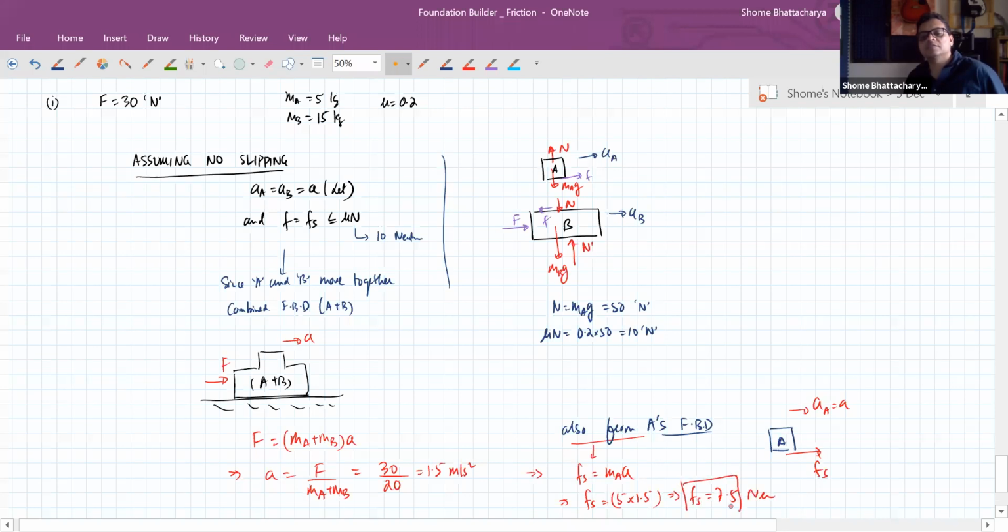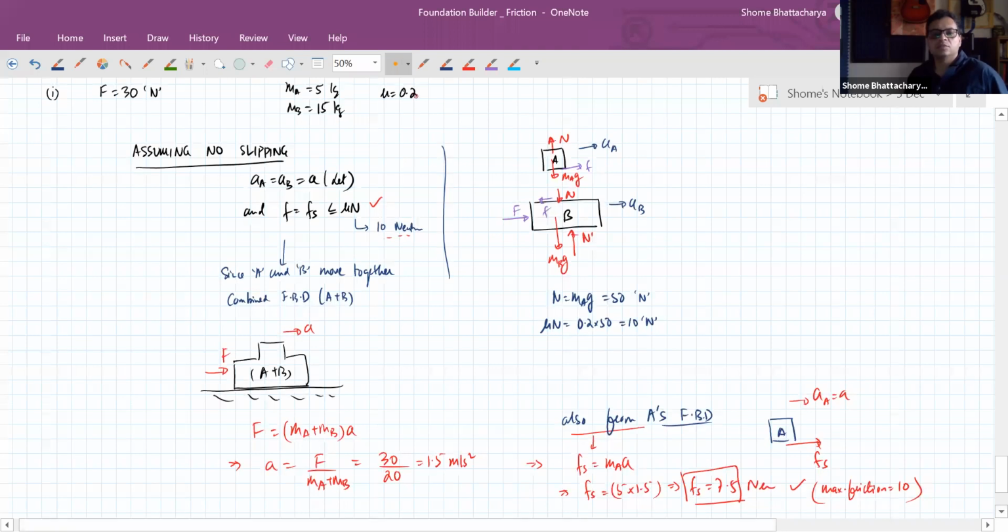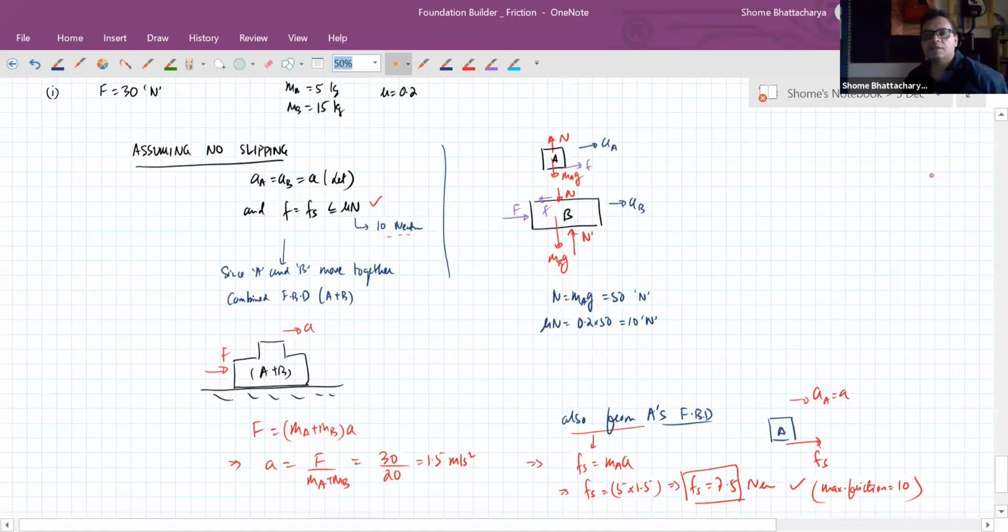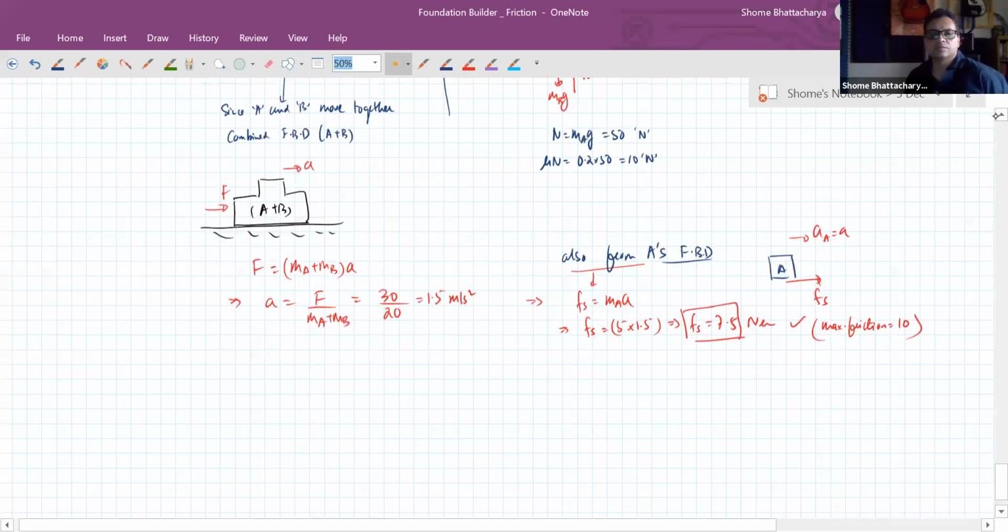Now we can check that 7.5 newtons is available to us because the maximum is 10 newtons. So therefore our assumption is correct, because maximum friction was up to 10 newtons. So to prevent slipping, only 7.5 is required, which is very much available to us. That means our assumption is correct. So our assumption is validated, and we can say that this is what is ultimately happening in the first case.